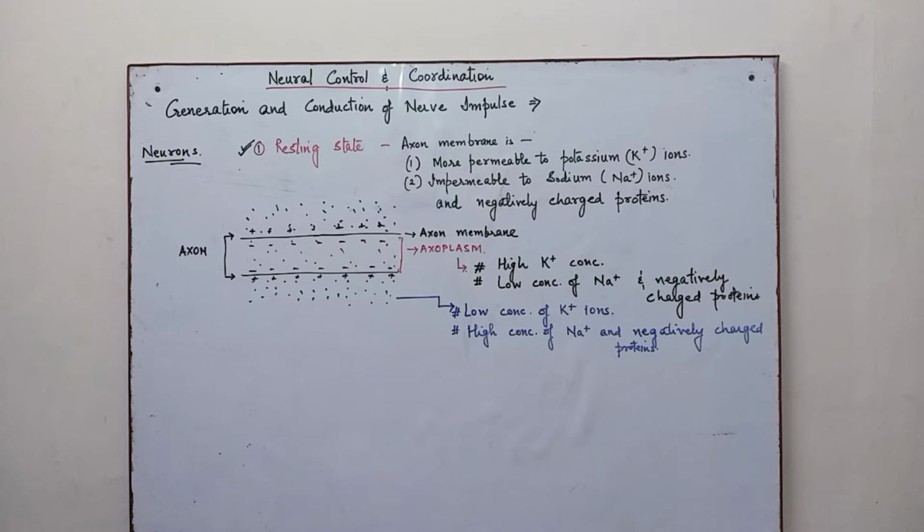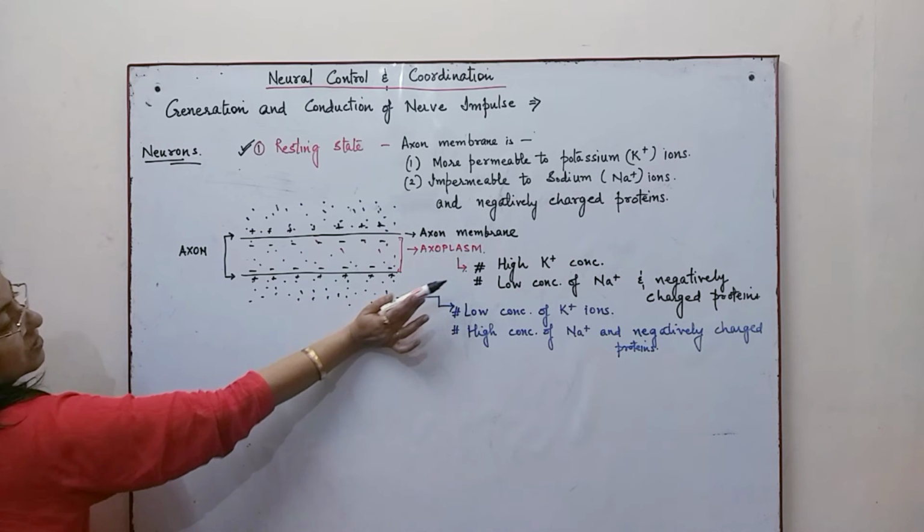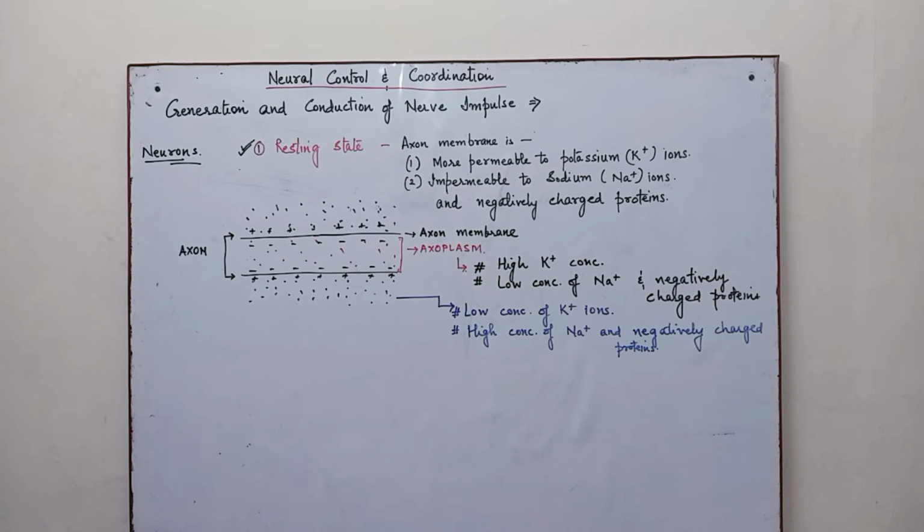It does not allow the sodium, that is the Na plus ions, and the negatively charged proteins, which are present in the axoplasm, to pass across. As a result, due to this permeability, the axoplasm inside the axon has a high concentration of potassium ions and a low concentration of sodium ions and negatively charged proteins.